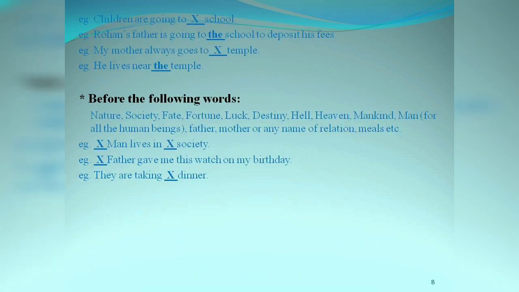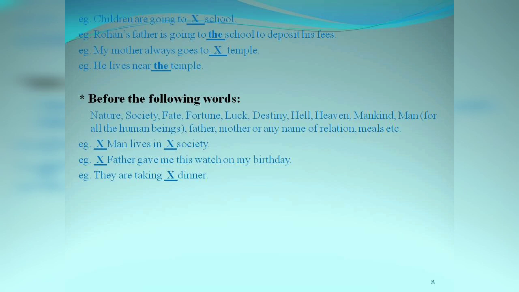For example, children are going to dash school. So the purpose of children's visiting the school is the same for which this building is there. So no article is required. Next, Rohan's father is going to the school to deposit his fees. So the purpose of Rohan's father's visiting the school is quite different.